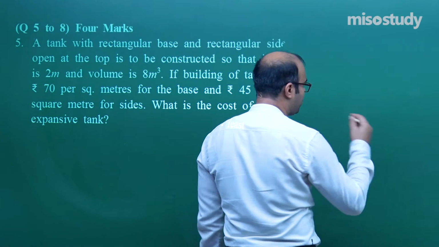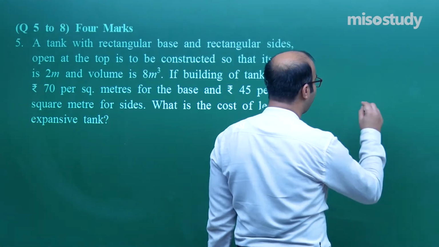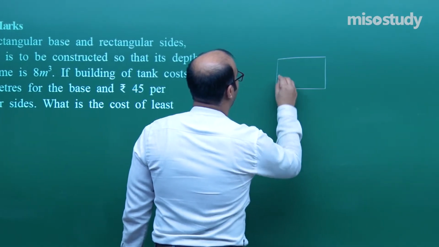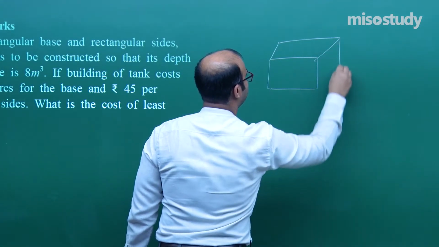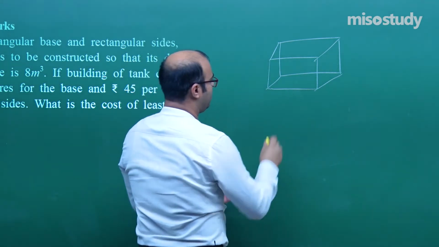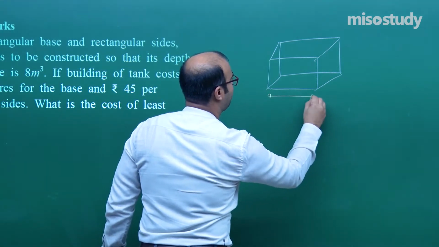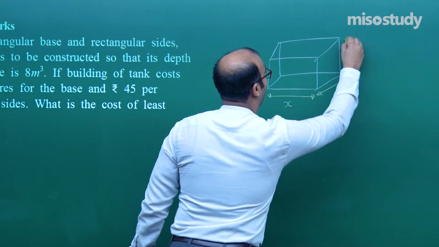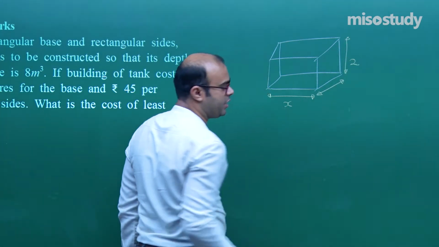So first let us find out what we have been given and what we can get from there. This is the tank, and this tank is a cuboidal tank, something like this. In this cuboidal tank, this length is suppose x, this breadth we don't know, we know the height which is 2 meter, that is the depth.